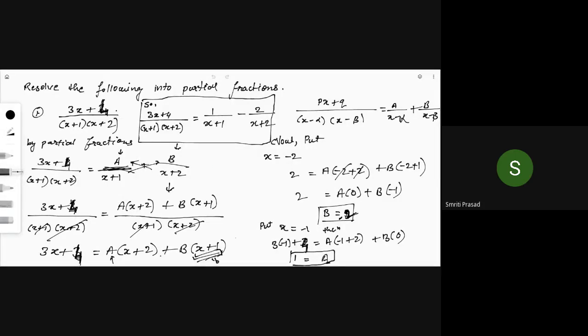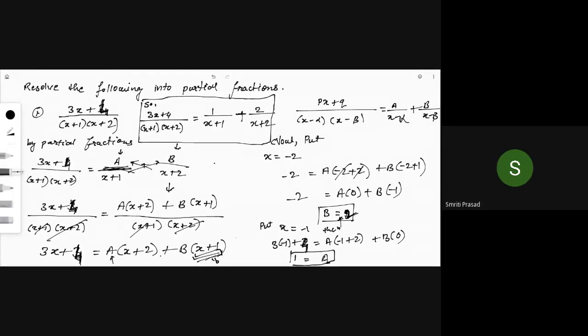Sir, here won't the value of b be +2? How? Because, sir, we have taken 3x plus 4, right? In that we are putting the value of x as -2. Then that will come as -6 plus 4, -2. And then on this side we have b into -1. So it will come as +2. Yes, that is what I was saying. Okay, thank you, Gayatri.